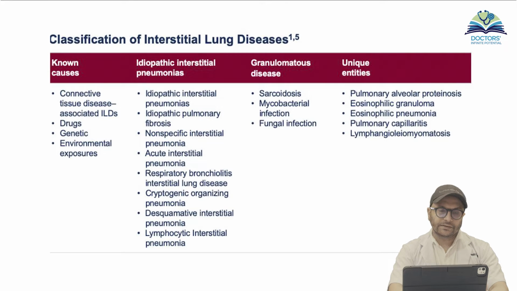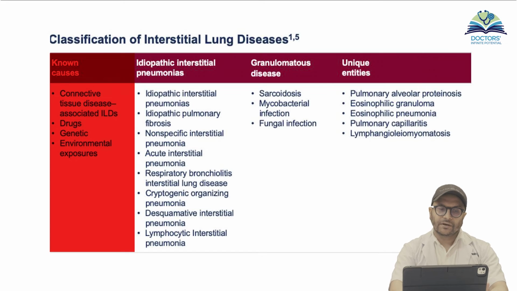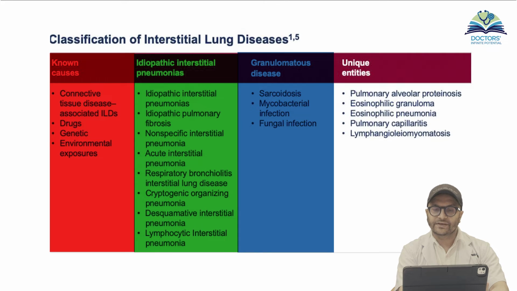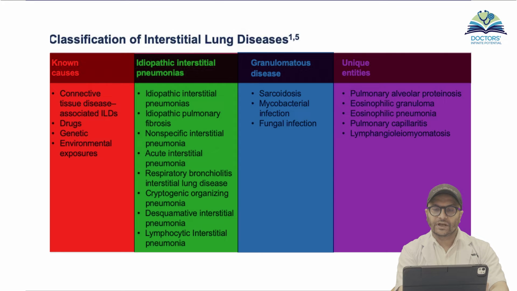This table shows classification of interstitial lung disease with known cause. When it is idiopathic, it can be due to granulomatous disease or any unique entities like pulmonary alveolar proteinosis or eosinophilic granulomas.